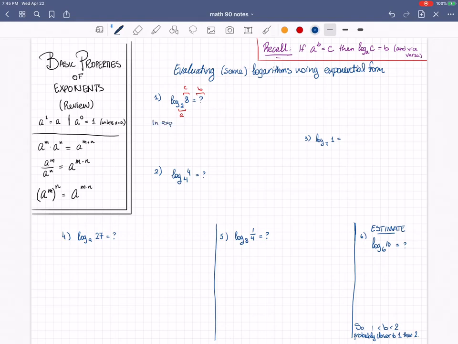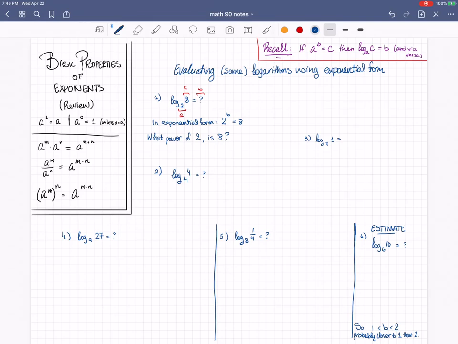In exponential form, we have 2 to the power b. I don't know what b is, so I'm just going to write it as b, is equal to 8. In other words, what power of 2 is 8?